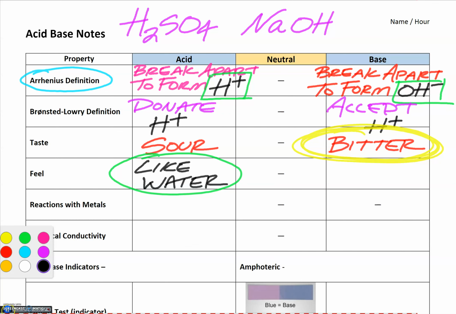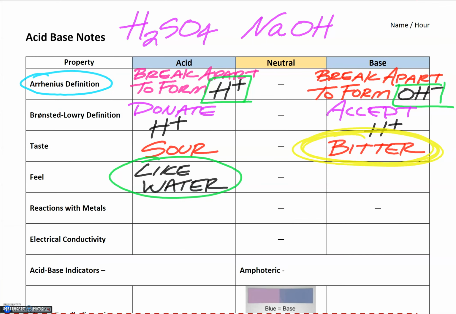A slippery feel. We can go back to the idea of Ralphie and the soap in his mouth for using the profanity when he was helping his dad change the tire. That's the bitter taste and the slippery feel. You've used soap in your life, and you would know that if you don't wash the soap off, it's going to have a slippery feel on your skin.